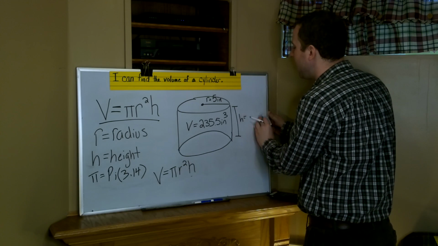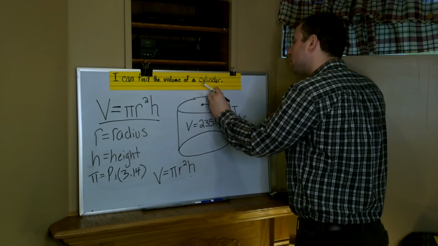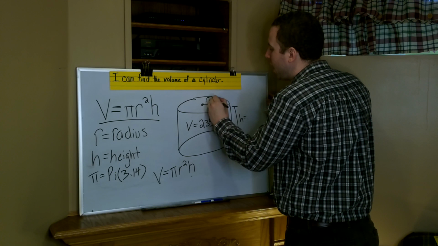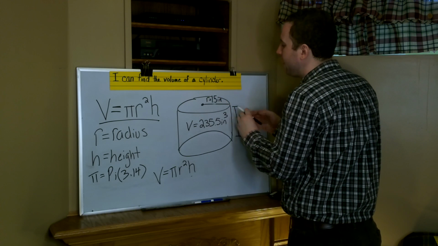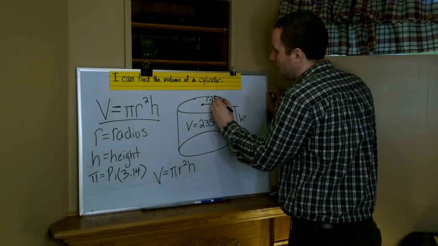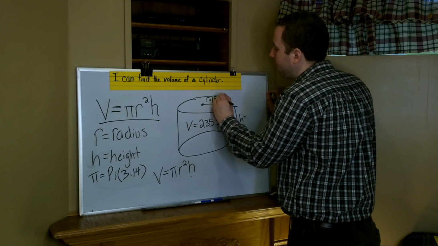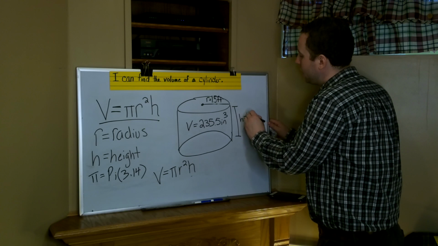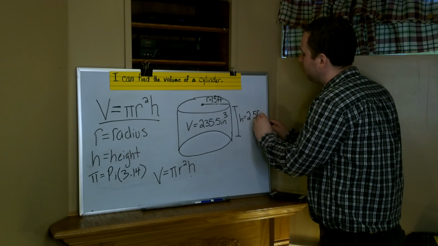All right, let's say we're dealing with a decimal instead. Let's say I'm dealing with 1.5, it's a really small cylinder. 1.5 feet, and the height is 2.5 feet.